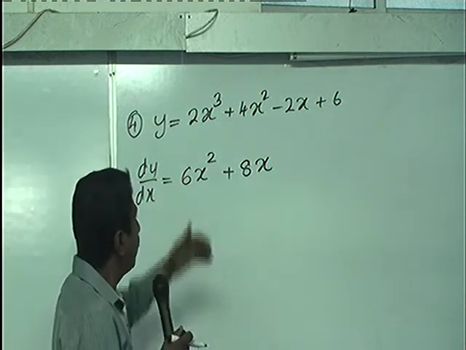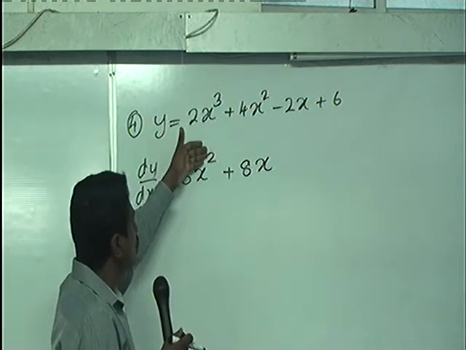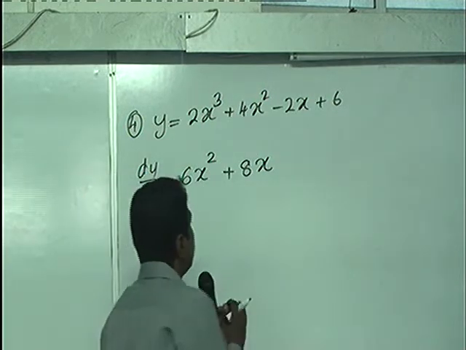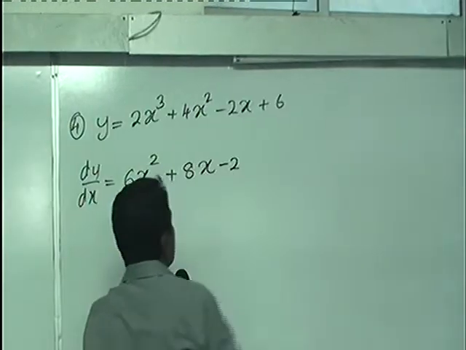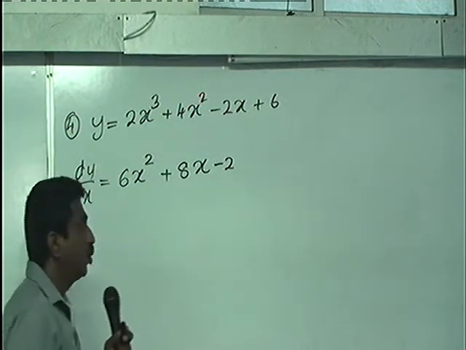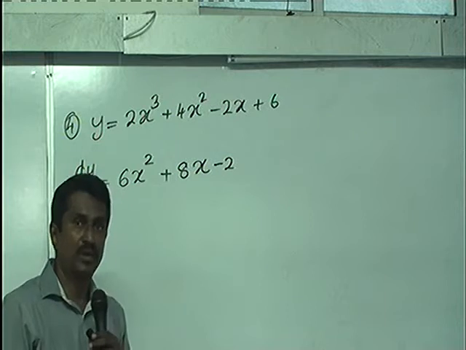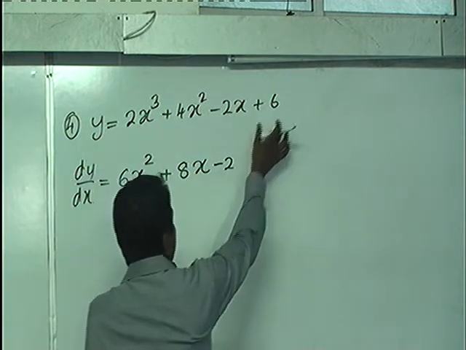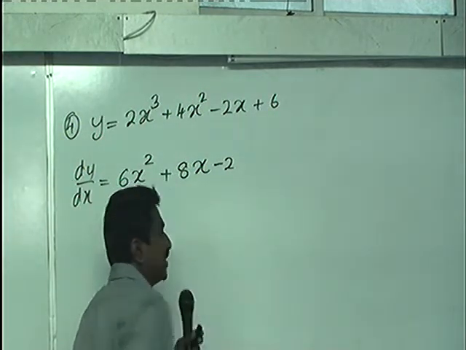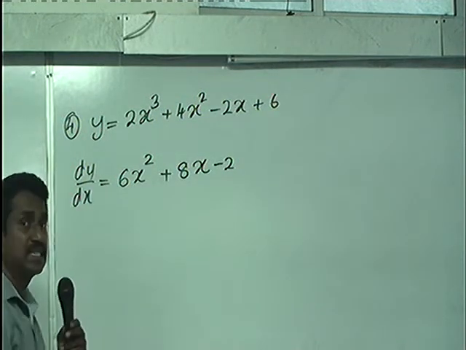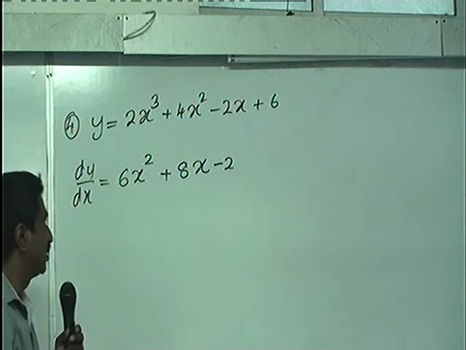See, always the power drops by 1. So 3 becomes 2, 2 becomes 1, minus 2, x to the power 0. I don't want to write x to the power 0 because x to the power 0 is 1. When you differentiate a constant, that is always 0. I don't want to write the constant. Differentiation of a constant is 0, no point in writing that.